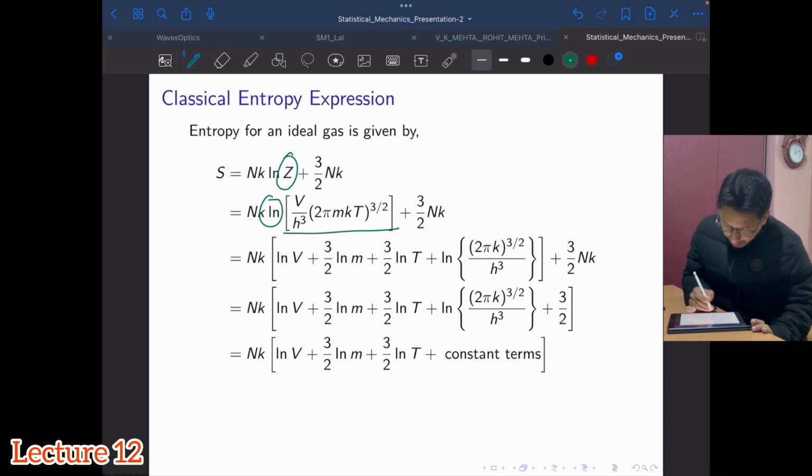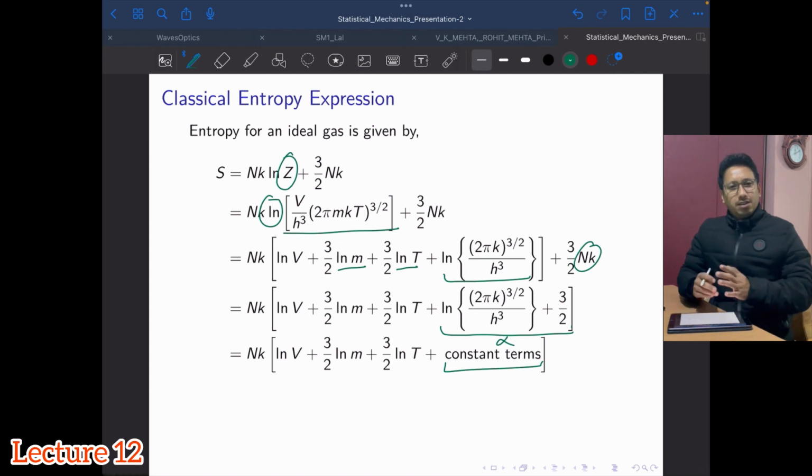So what I do here, I keep ln V, then ln m, and ln T, the temperature, and here all the other terms are constant. If you take nk common, this 3 by 2 is also there. I can simply write some constant alpha, or simply constant terms.